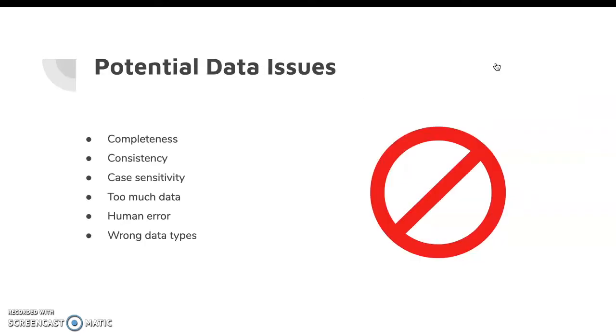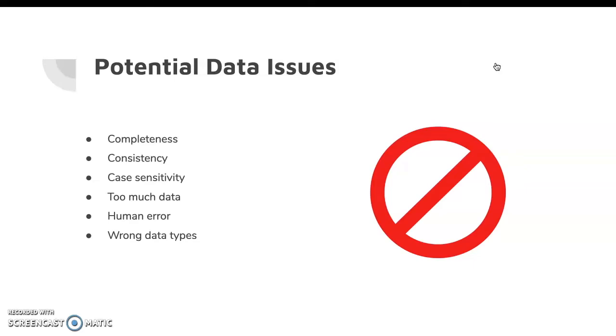Some of the potential data issues that this tool addresses: completeness. As we mentioned, it will clean data, maybe delete a column for you just to make the whole data set complete so there are no missing gaps. Consistency: let's say you have a state with the two abbreviations in all caps, the two letters.